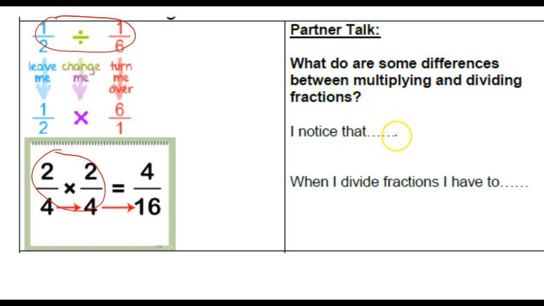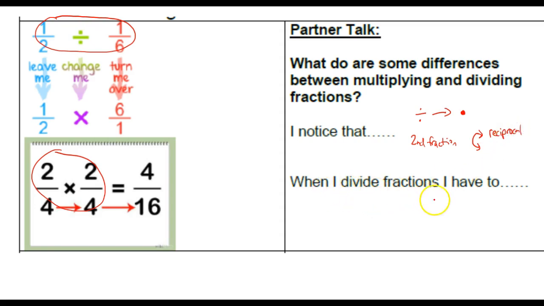Well, one of the things students noticed is that multiplication and division are similar, but they're not the same. They noticed that dividing did change to multiplication, and that the second fraction essentially flipped over, or was taken the reciprocal of.